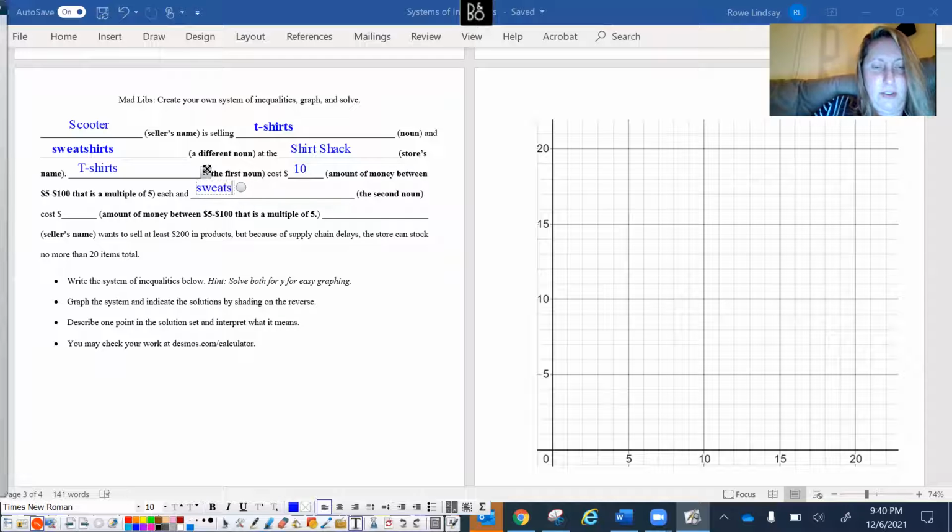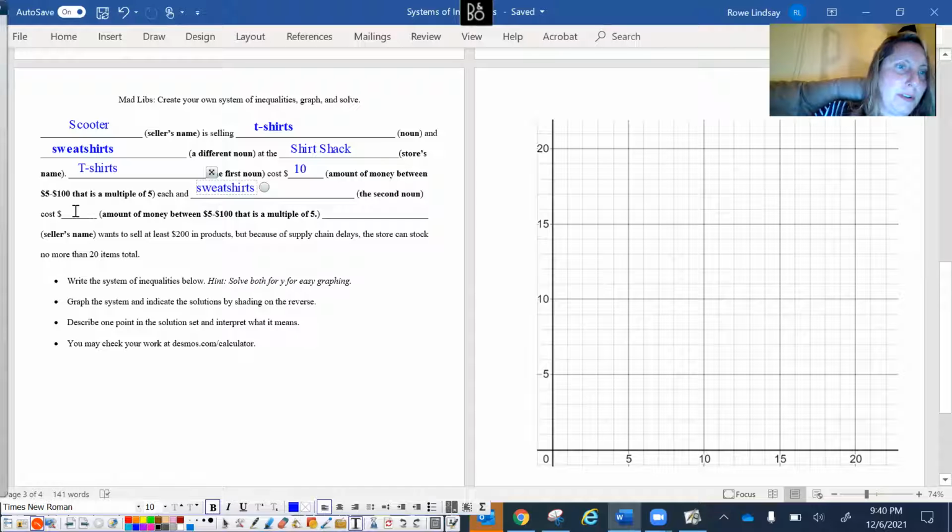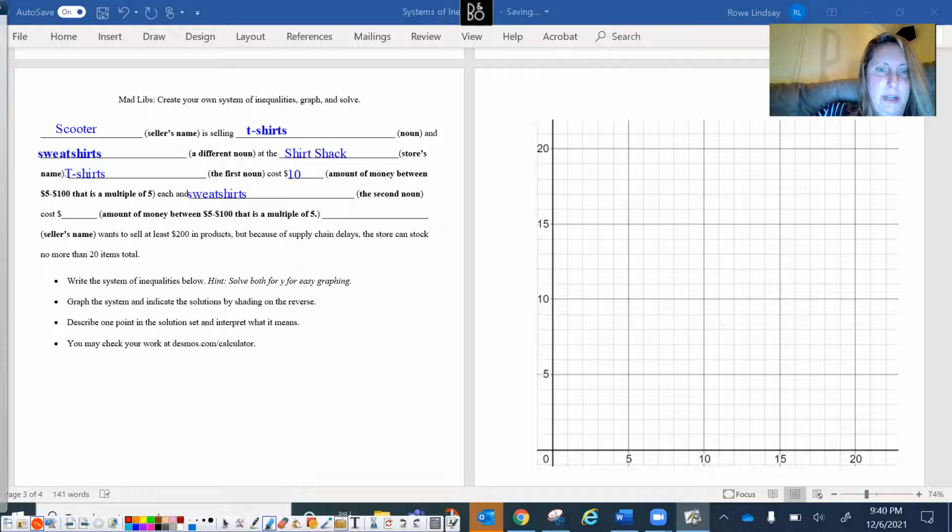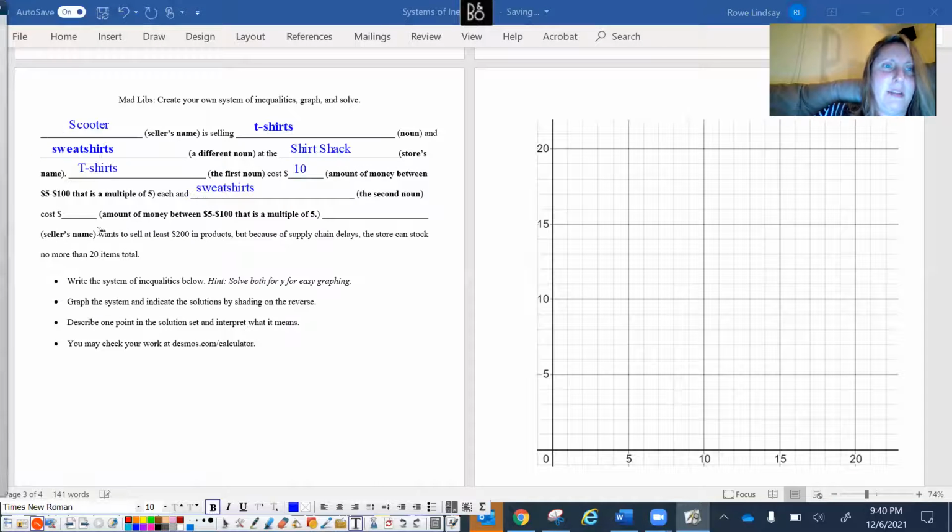So sweatshirts cost $20, right? Okay, and Scooter is kind of limited in what he can sell for one reason or another. Supply chain delays, who knows?